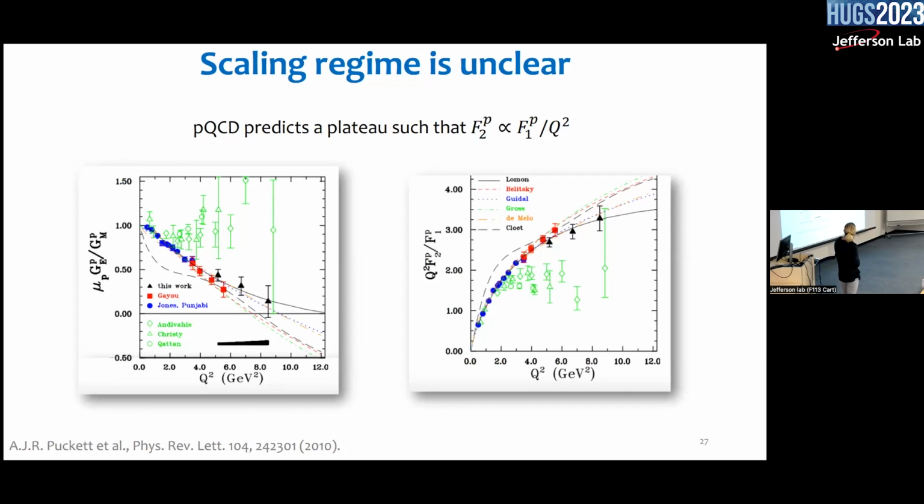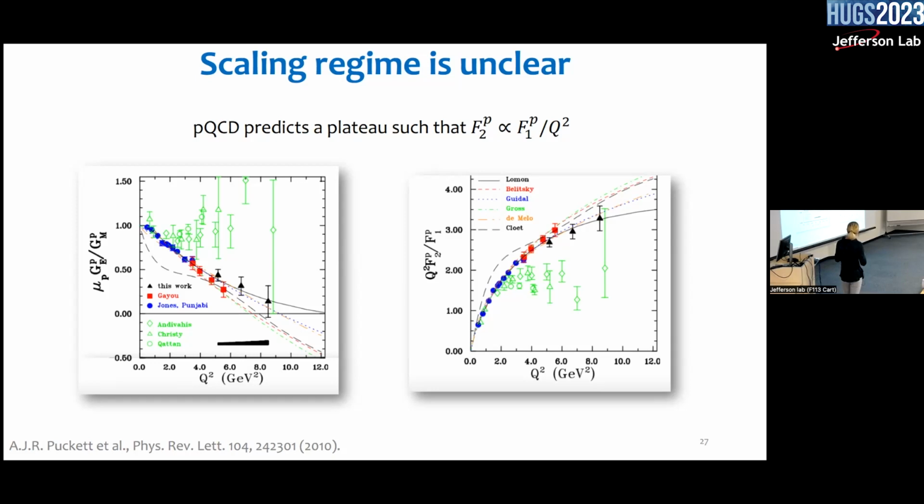The implication of this is that perturbative QCD predicts there would be a plateau for the F2 to F1 form factor relation with respect to Q squared. What we're showing here on the left is GE over GM.